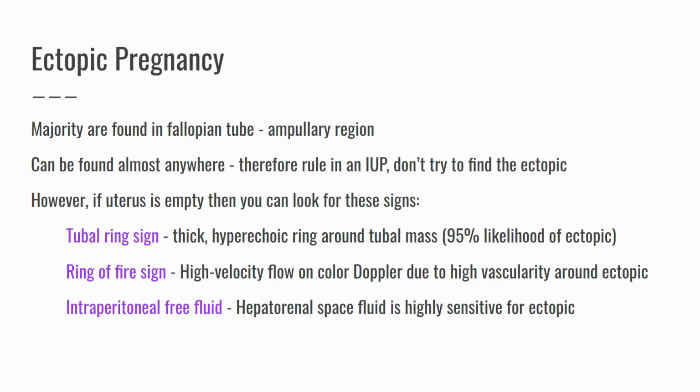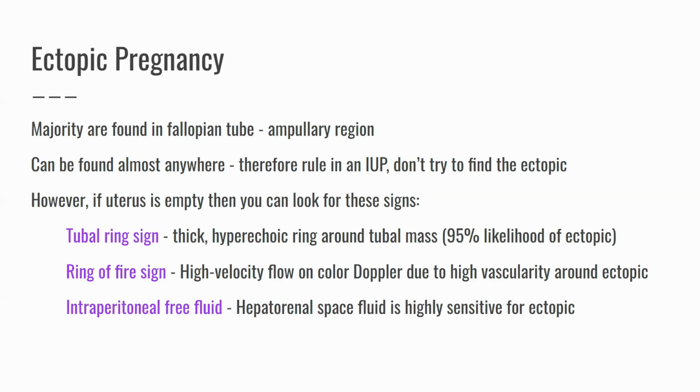In the myometrium, in the abdomen, in the cornua, which is where the fallopian tubes meet the uterus, really anywhere. So if you rule in an IUP, don't try to find the ectopic unless, like I said, they're on in vitro fertilization or other fertility treatments that make something called a heterotopic pregnancy, which is the presence of an IUP plus an ectopic somewhere else, much more likely.